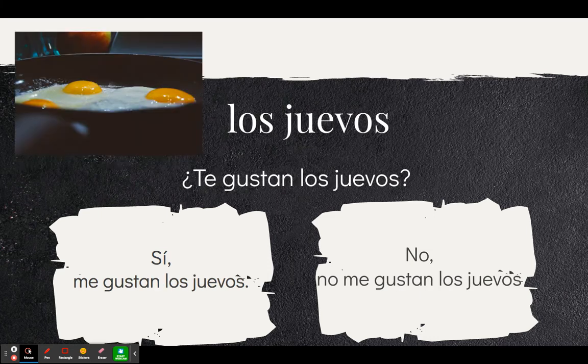Excelente. ¿Te gustan los huevos? Excelente. Ooh, I even heard you say me gustan because it's more than one egg. It's plural, right? So we're remembering that we say gustan when we're talking about a plural object, which here is the eggs.